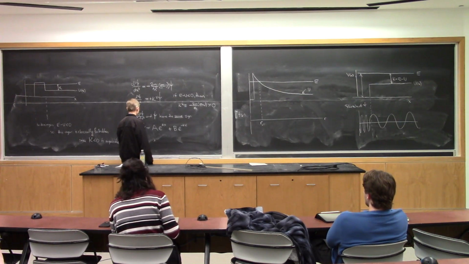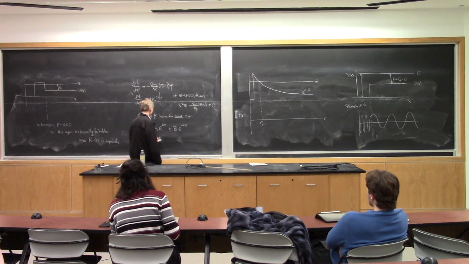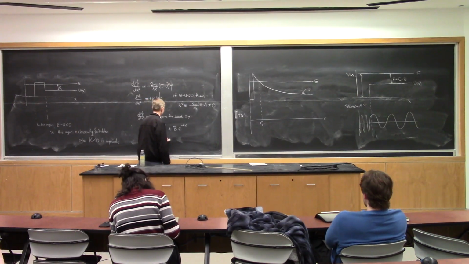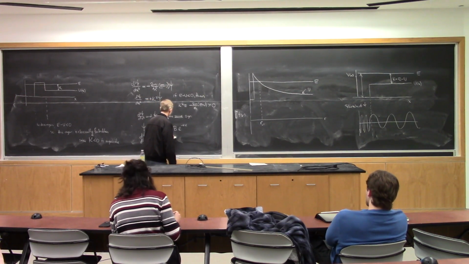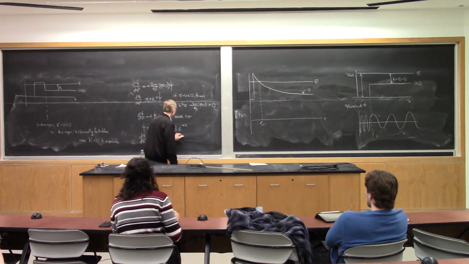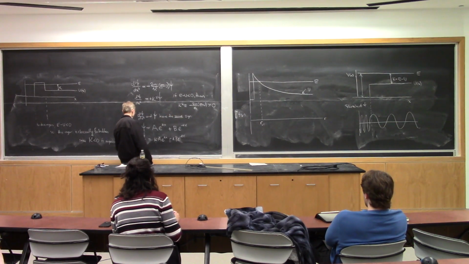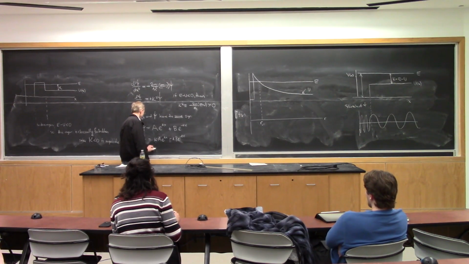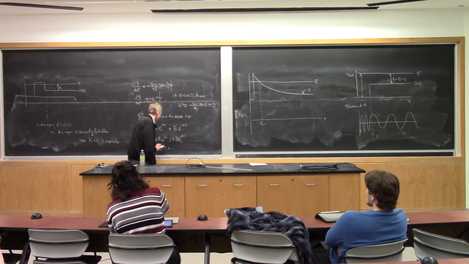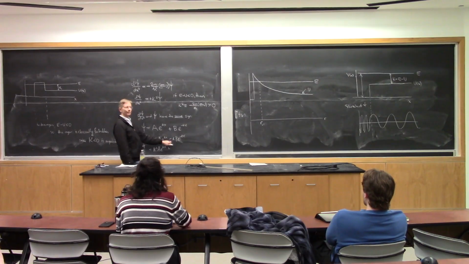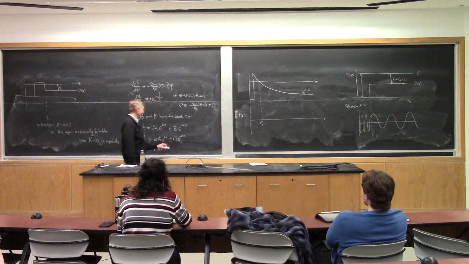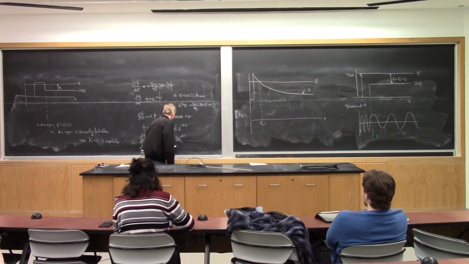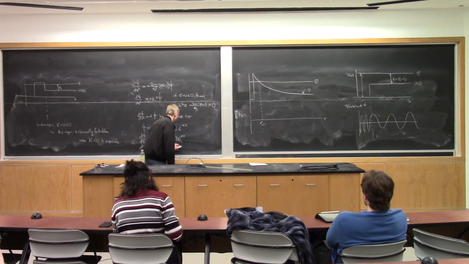So psi is a e to the kappa x plus b e to the minus kappa x. Then d psi dx is equal to kappa a e to the kappa x minus kappa b e to the minus kappa x. But then when I take that second derivative, I'll get kappa squared a e to the kappa x, and then minus kappa times minus kappa is plus kappa squared b e to the minus kappa x.